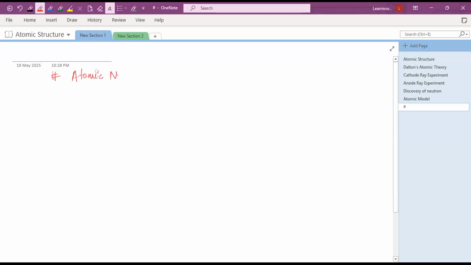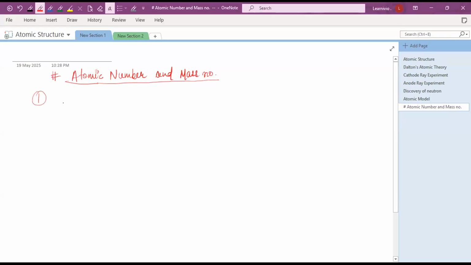Atomic number and mass number. Okay, so first we will talk about the atomic number.